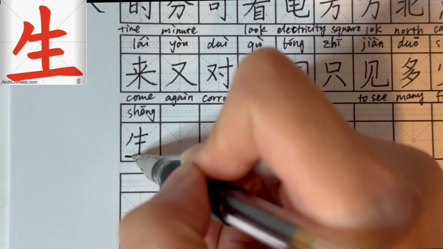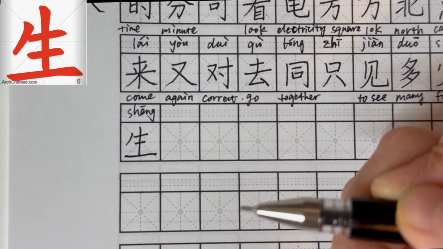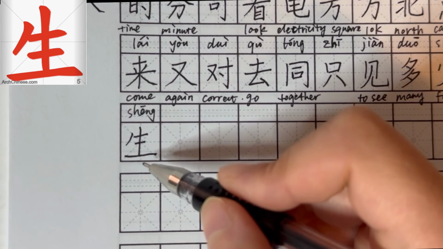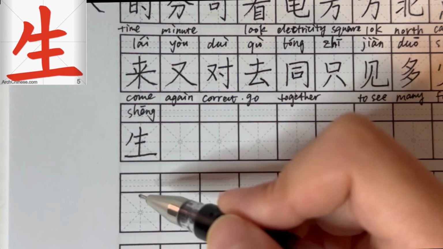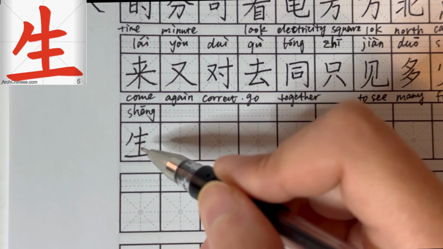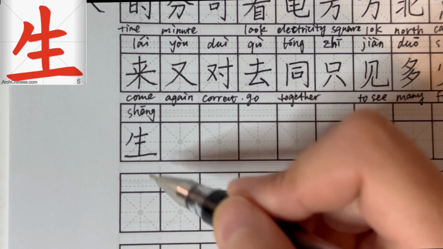And then a long 横 to provide a very basic, very stable foundation. You can see my character does not look as beautiful as the one in the model. This part is too long, obviously. Okay, I should have written these two strokes to the first two 横s a little bit lower.